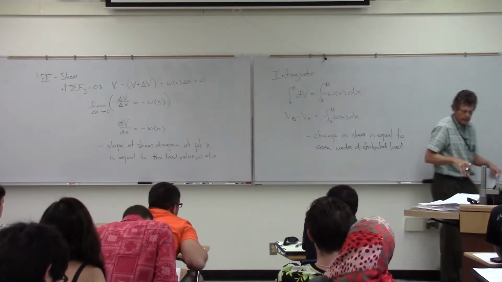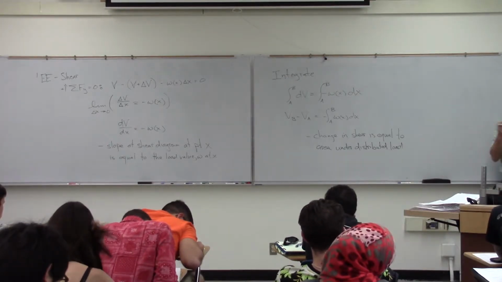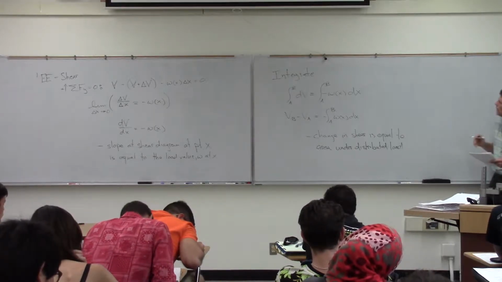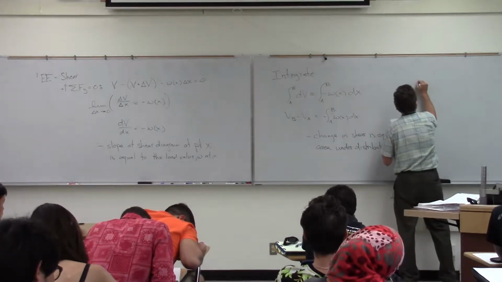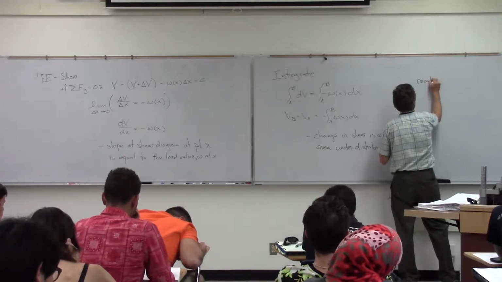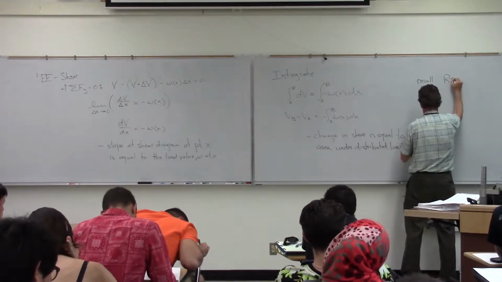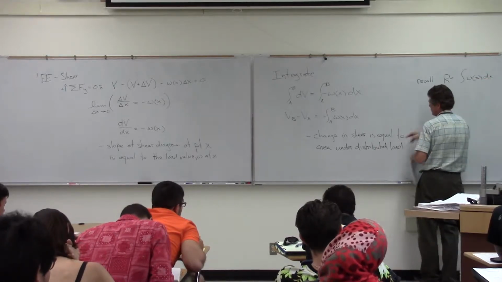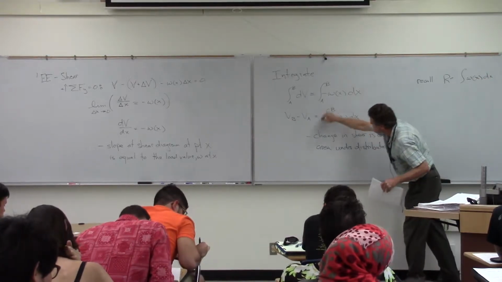So what we're saying at this point is that the change in shear from point A to B is just the area under that curve. But remember, it does have that negative sign, so don't forget that.